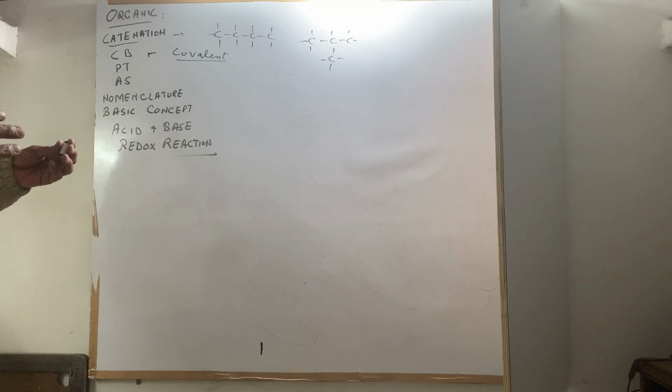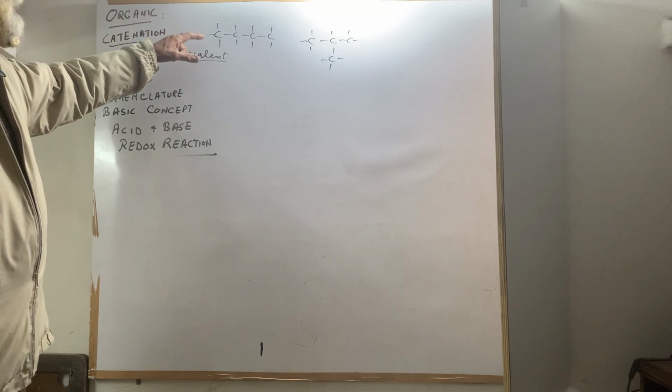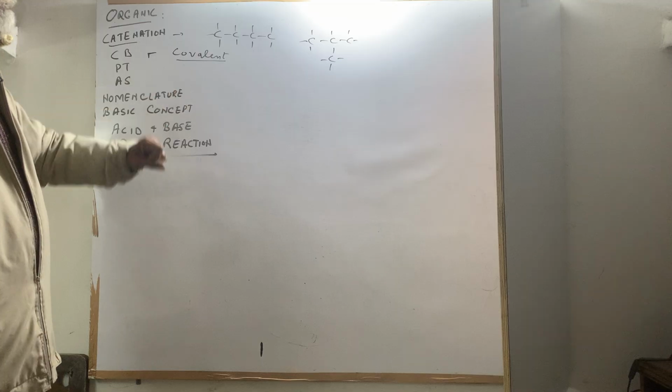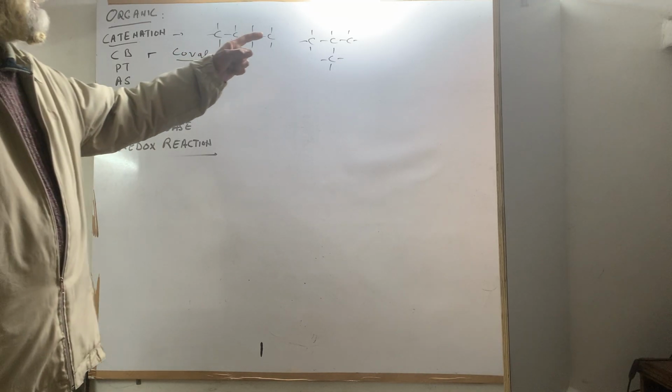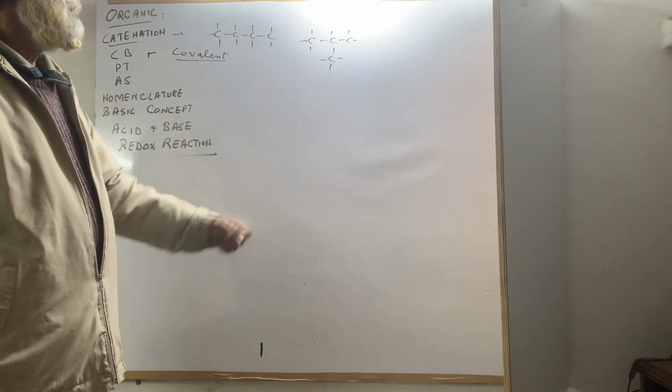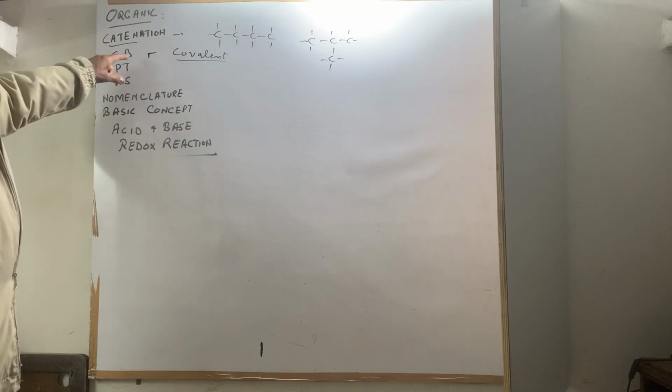Then we have the orbital concept, when half-filled atomic orbitals combine, overlapping among themselves, forming sigma and pi bonds. Here carbon is small in size, and the smaller the size, the stronger the bond. Second, carbon is tetravalent, tetracovalency. So this is from chemical bonding.